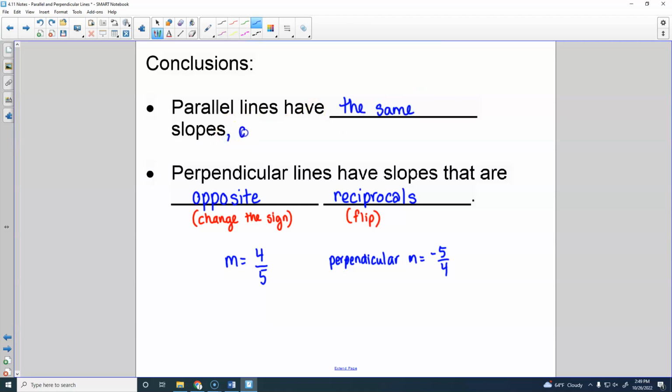Let's add to this: and different y-intercepts. Because if they have the same slope and the same y-intercept, it's just the same line, right? So they have to have different y-intercepts.